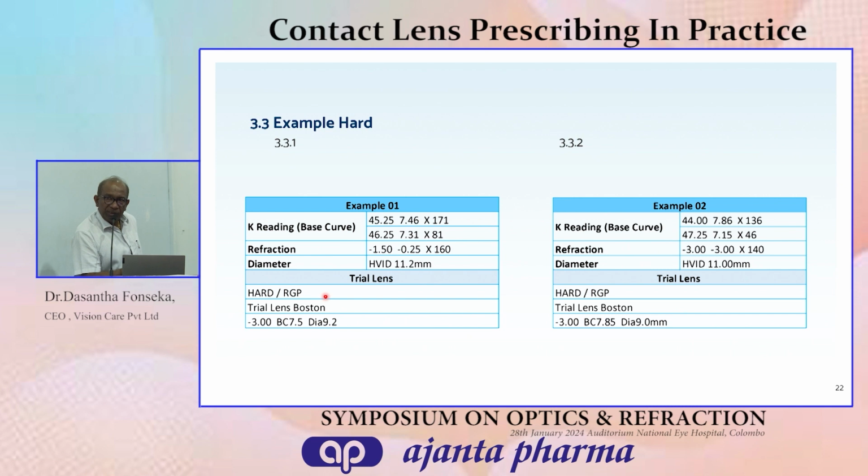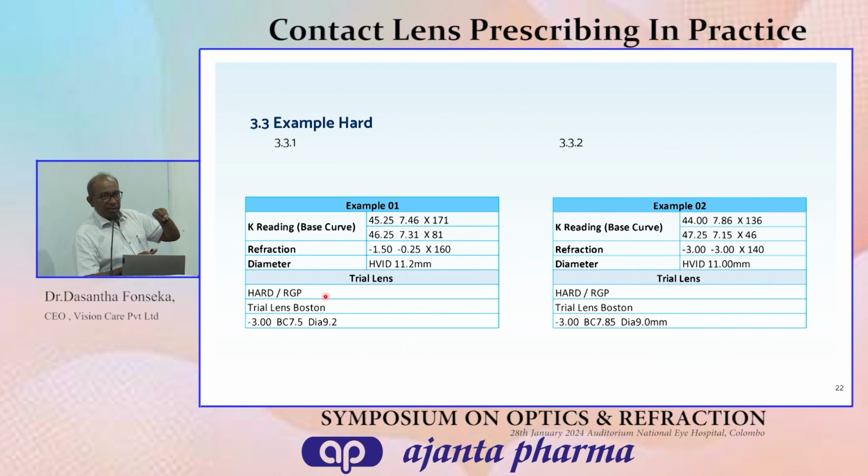If we have chosen the right base curve, the refraction is a baseline. Now, if you get minus 2 or something, then we know we have gone wrong in the base curve. In the other one, the same patient, we use 9 millimeters, slightly smaller, because it sits better on the cornea.